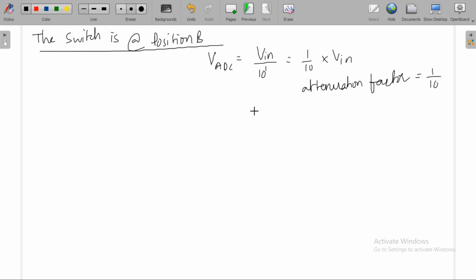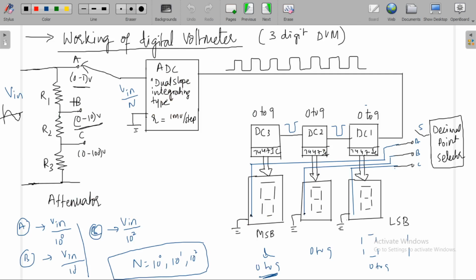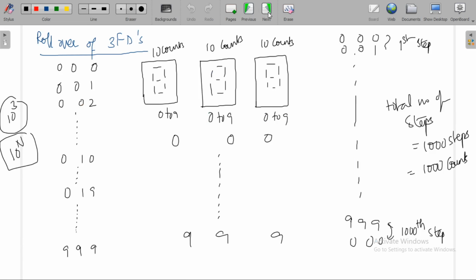Anyhow, this voltage is nothing but R2 plus R3 by R1 plus R2 plus R3 into V in. You know, right? Voltage across this will be V in into R2 plus R3 by R1 plus R2 plus R3 according to the voltage division rule.